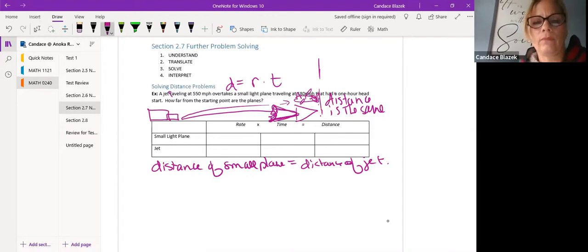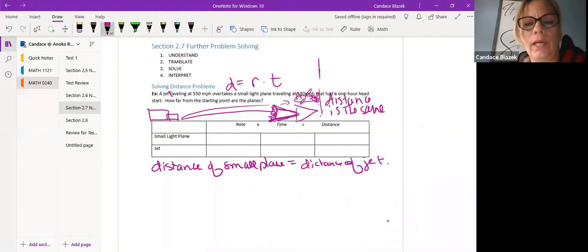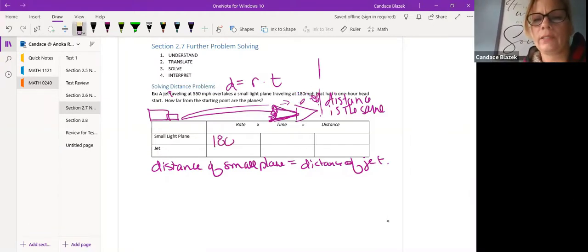As an example, for the small plane, notice I have in the top row rate, that's the first or the second column. Time is the third column, and then it's going to equal distance. So with the small plane, the rate is 180 miles per hour. I'm just going to go ahead and erase this little bit of a plane so you can read it. 180 miles per hour.